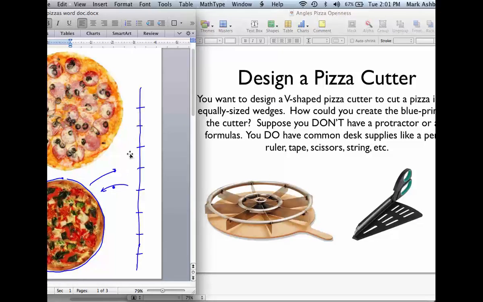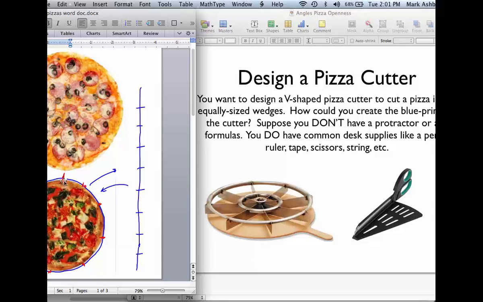And so then those marks on the string, let's see if I can do this any good here. Wow, it's hard. I blew it twice, but anyway. All right, so you got those.